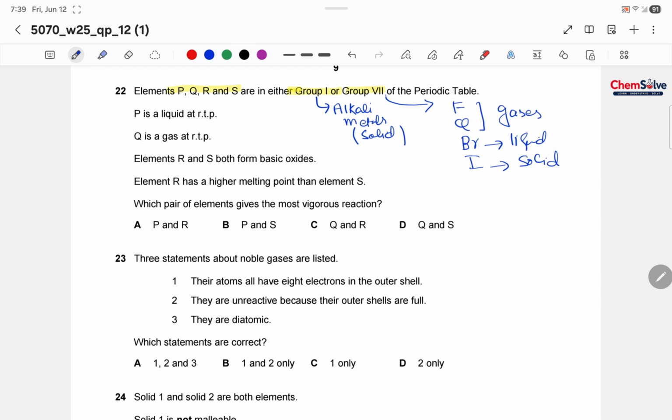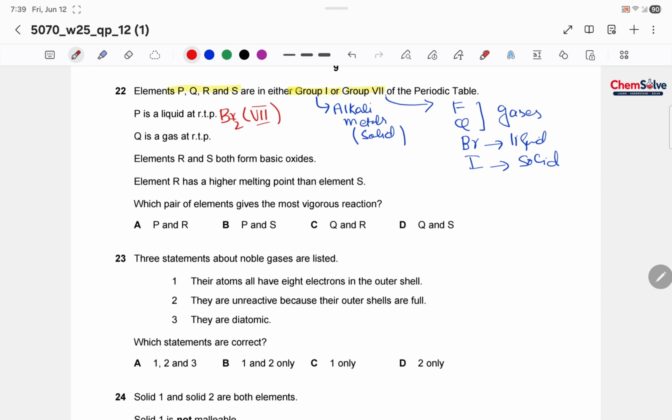So keeping this discussion in our mind, I think P is basically bromine, that is a liquid. So it belongs to group 7.